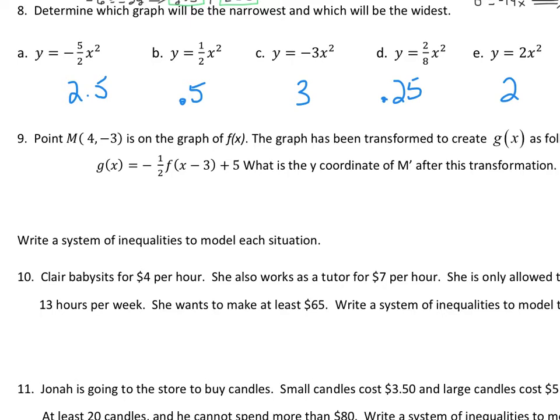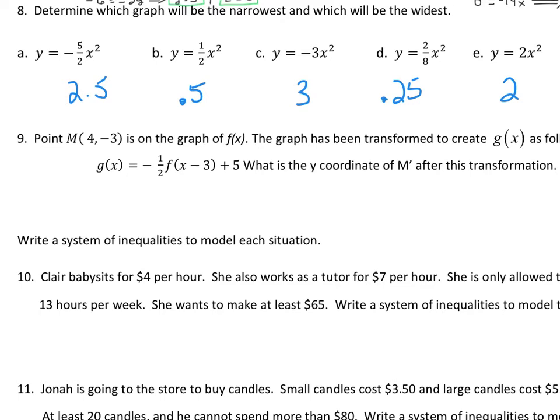So the greater the number is than 1, the narrower my graph is going to stretch. So just remember, think of it as a rubber band. The longer you stretch the rubber band vertically, the narrower it gets. If I'm stretching a rubber band up and down, it's going to get smaller and smaller width-wise as it gets longer and longer vertically.